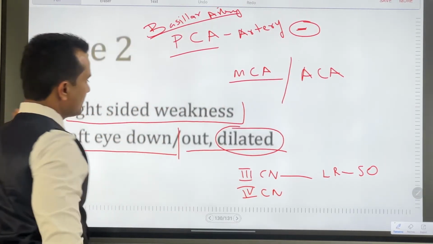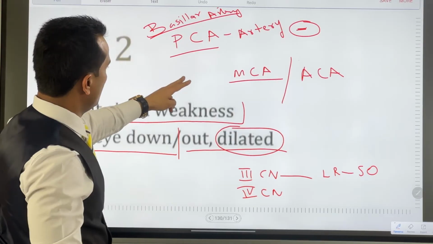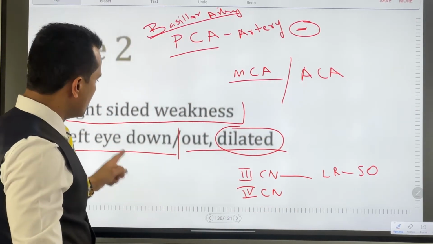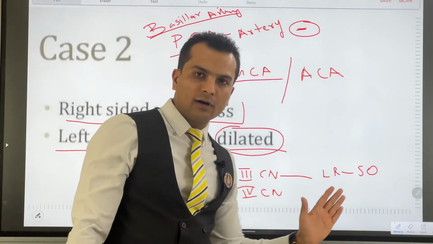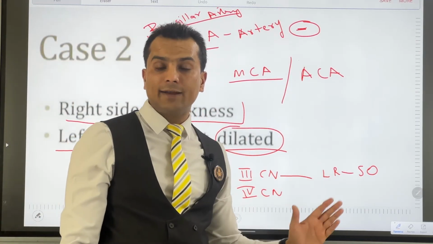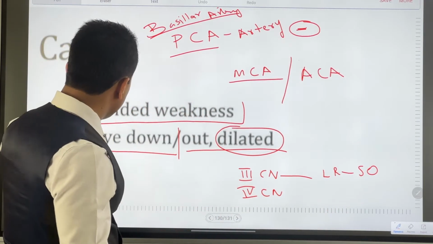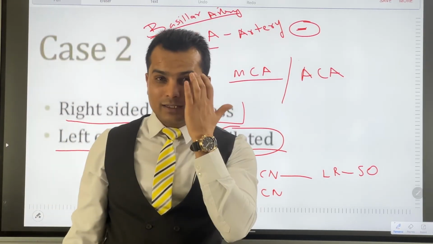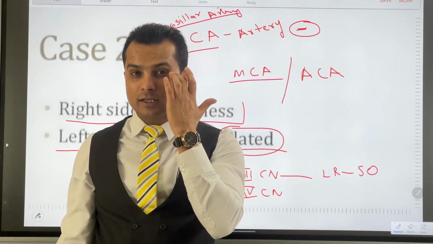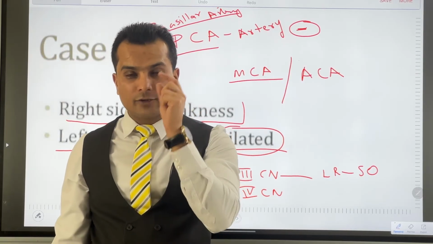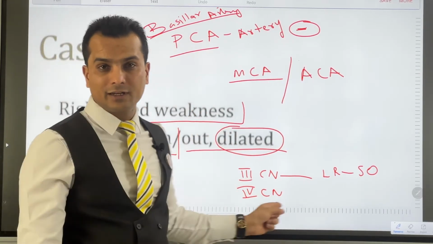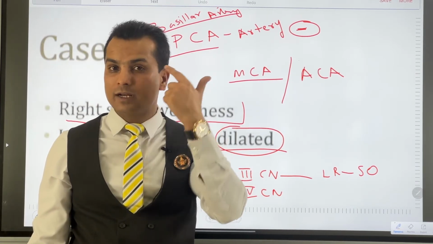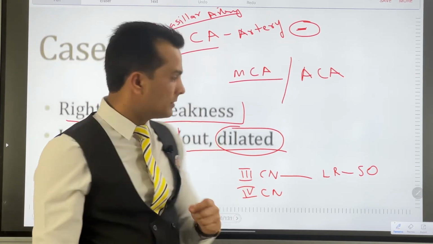So what happened is that the patient was having a stroke of the PCA artery, which means there is a problem in the midbrain, especially on the left side, the medial side of the midbrain, and the patient is having the left eye down and out. It means there is extraocular paralysis, because all the muscles of the eyeball are innervated by the third cranial nerve. Injury to the midbrain causes ophthalmoplegia. So left-sided midbrain injury causes left-side extraocular muscle paralysis.